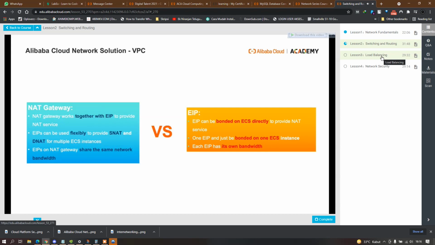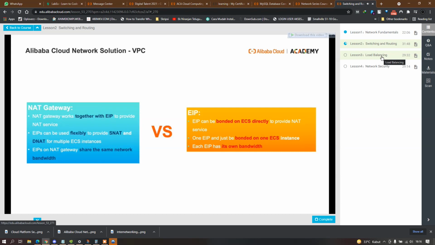Because when we are using the NAT gateway, we can use it flexibly to map different internal VPC ECS instances to one single EIP. This is the difference. And the last point is that the EIPs on the NAT gateway can share the same network bandwidth, because as we know, on Alibaba Cloud the bandwidth resource is also expensive, or it will also be charged, right?